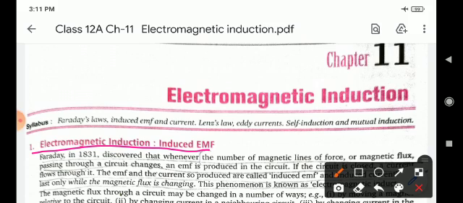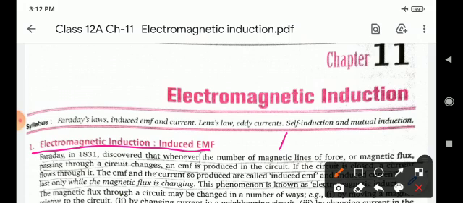This phenomenon is of great practical importance in daily life. It forms the basis of present day generators and transformers. Modern civilization owes a great deal to the discovery of electromagnetic induction.